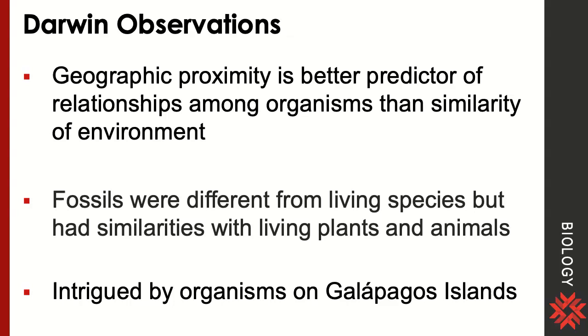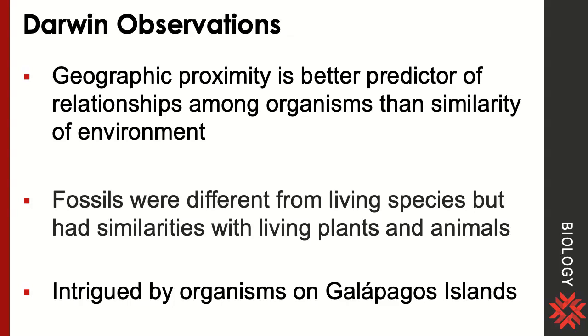That means that if you look at plants and animals within South America, at a temperate region and a tropical region, Darwin would have thought that the plants and animals in those different climates would be quite different from one another. But he found that the plants and animals within the same continent were actually pretty similar to one another. They resembled one another.